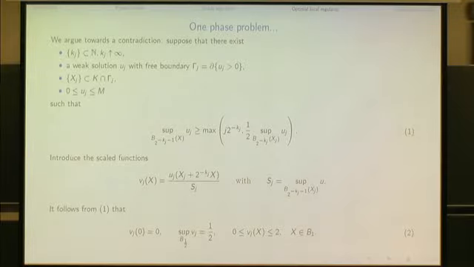Now, all these functions, all these v_j's, are defined in a unit ball centered at the origin. All these scaled functions vanish at the origin. And finally, you'll get this uniform estimate for v_j's. Again, if you just divide both sides of this inequality by this supremum over 2 to the power minus k_j minus 1, then if you move this to the left-hand side, you get exactly this inequality here. Okay, so this gives you a uniform L infinity bound.